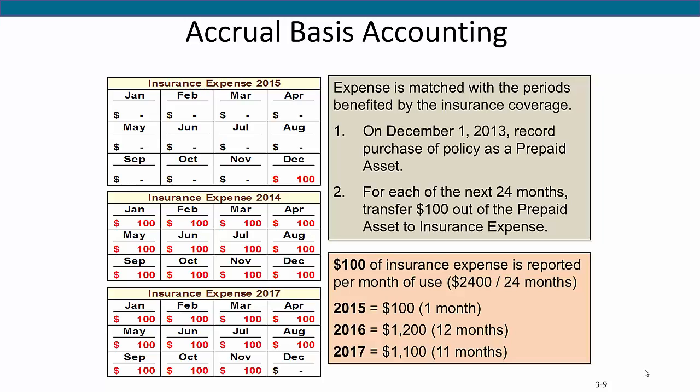That's 24 months of insurance month by month. We would match the expense of $100 per month with the periods benefited by the insurance coverage. This is a far better matching of revenues and expenses.